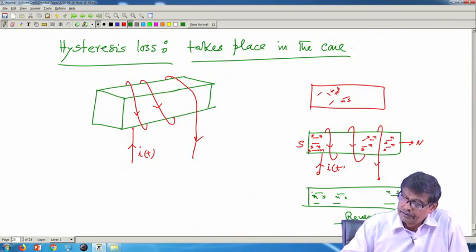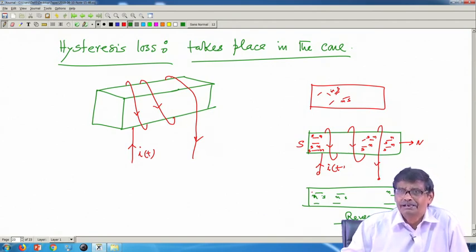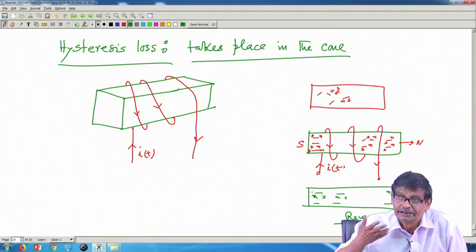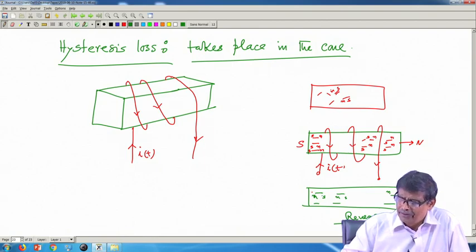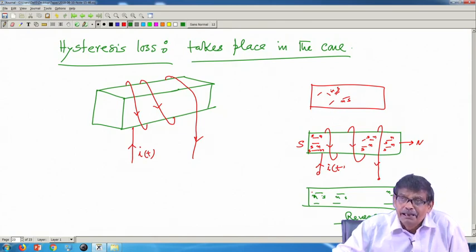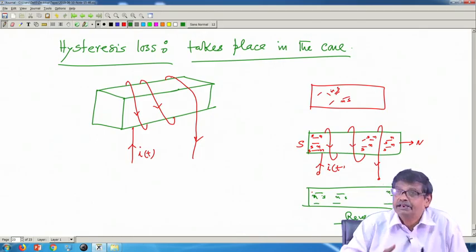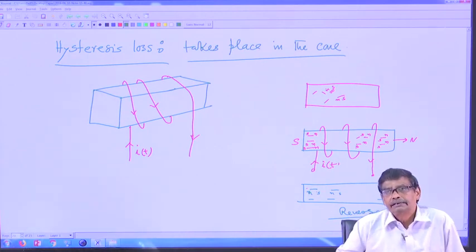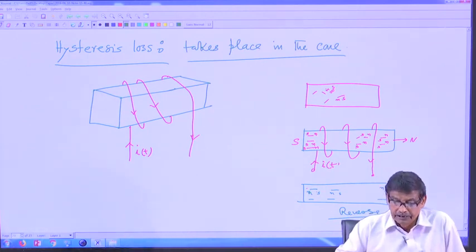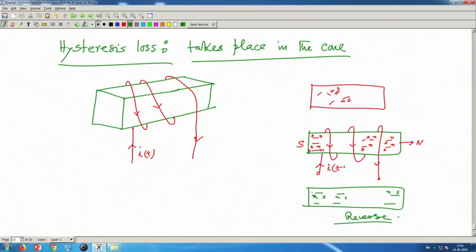Perhaps a detailed analysis at physics level you have to do, but we can understand this is what is going to happen. Each molecular level tiny magnet will sometimes be aligned this way, sometimes that way. Therefore, the core will be heated up not only because of eddy current, but because of something else here. And this loss which will take place is called hysteresis loss, and we will continue with this in the next lecture. Thank you.